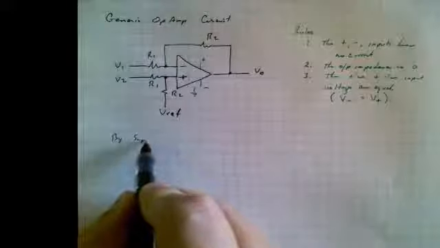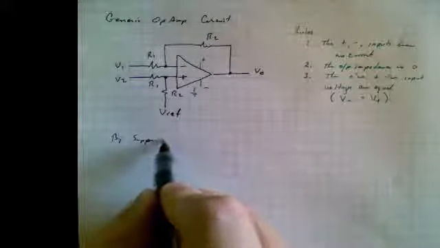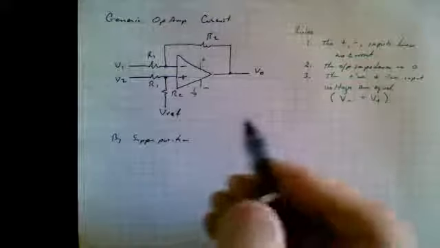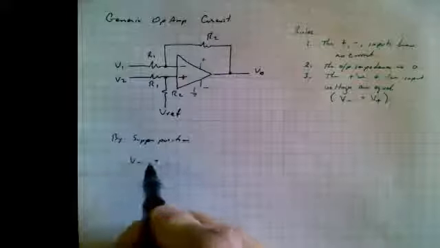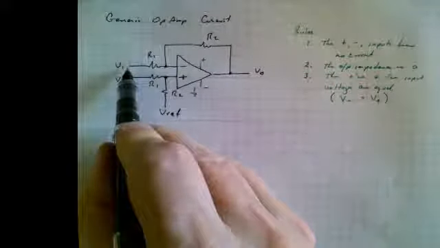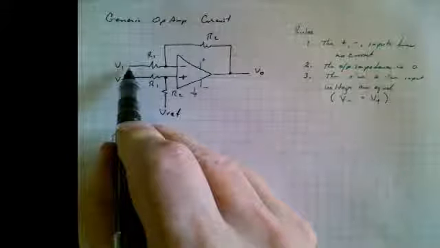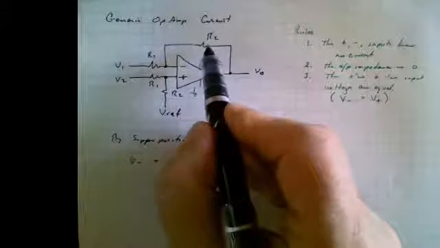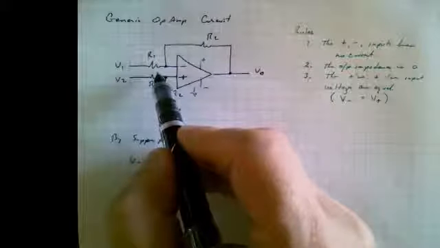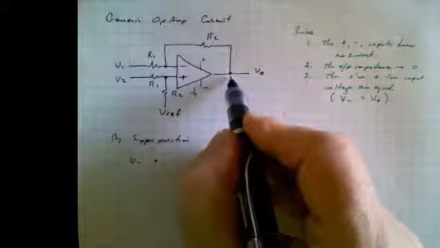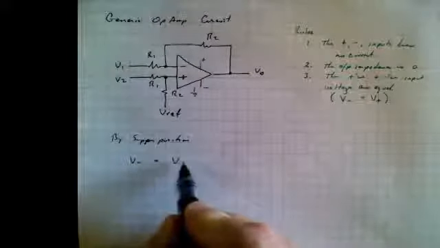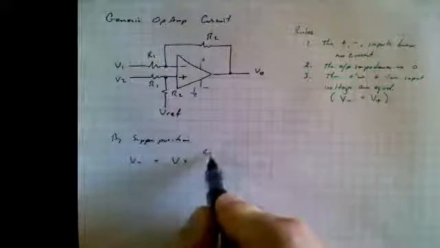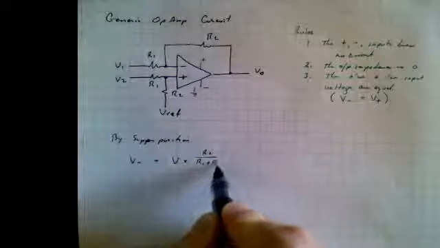So by superposition, we can say that the voltage at this terminal is equal to this voltage times this resistor over the sum of these two resistors. And we can say that because we assume that the other voltage here is 0. So we're only going to look at the contribution at this point due to V1. So it's equal to V1 times R2 over R1 plus R2.